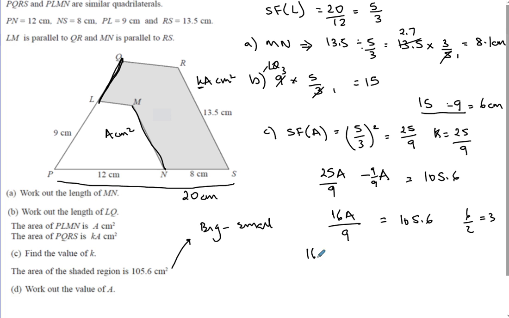So 16a equals 105.6 times 9, yeah, which gives you 950.4, which is your 16a. And then if you divide by 16, you've got a equals 59.4.